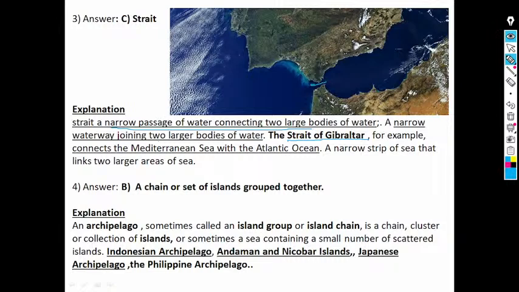This is your Mediterranean Sea and this is your Atlantic Ocean. A narrow strip of sea that links two larger areas of sea.